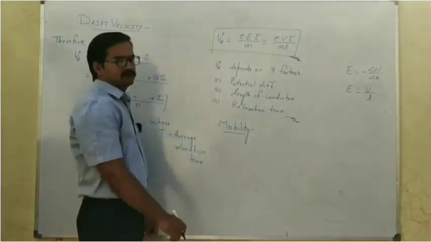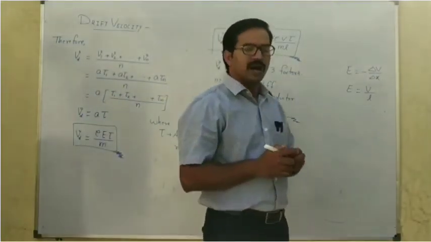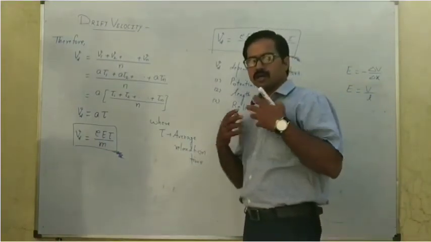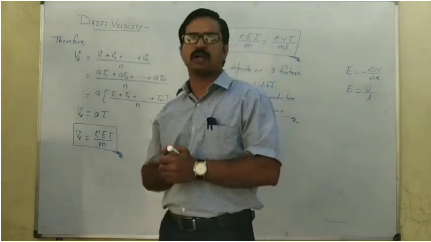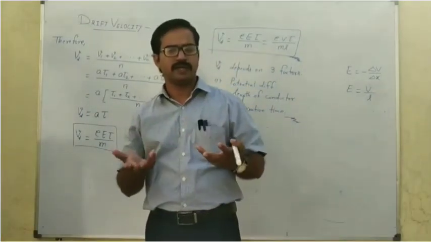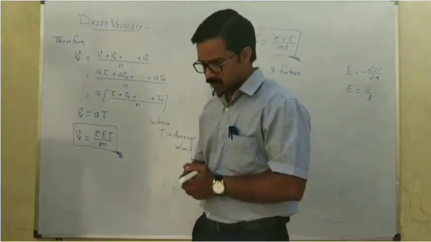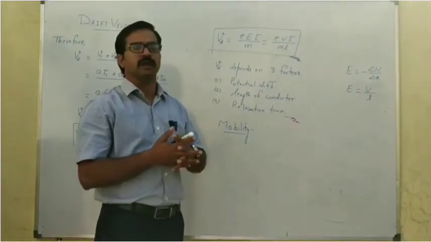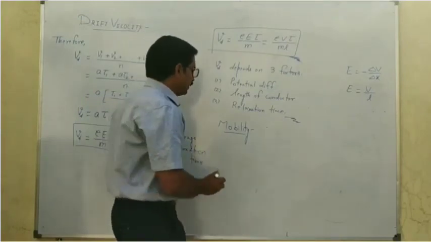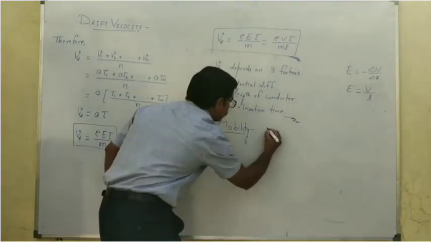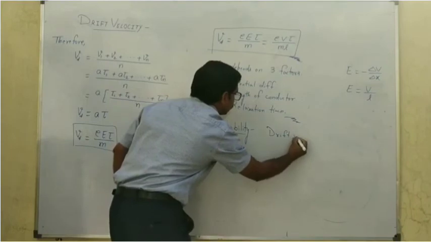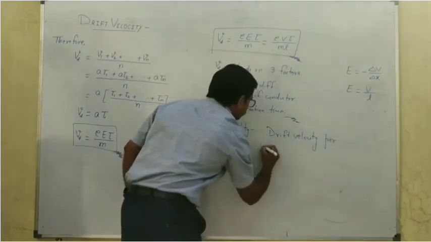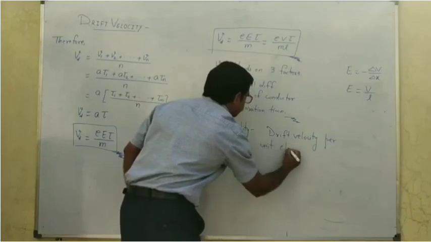Mobility comes under one mark. Simply, mobility means how much drift velocity an electron will have when we put that conductor in an external electric field of different intensity. So at that time you find the ratio of drift velocity per unit electric field. That's it. So mobility is drift velocity per unit electric field.